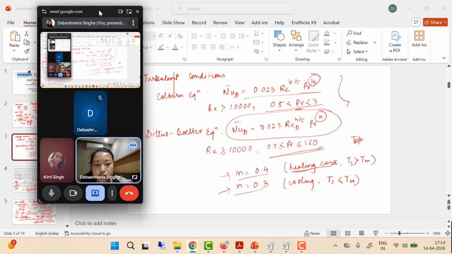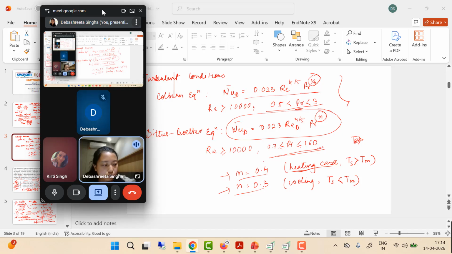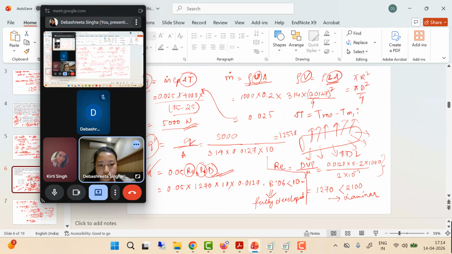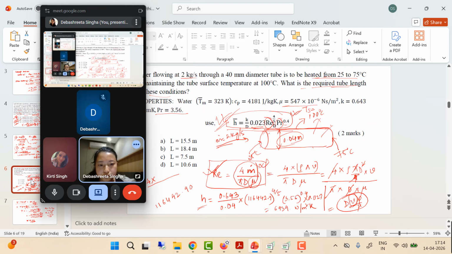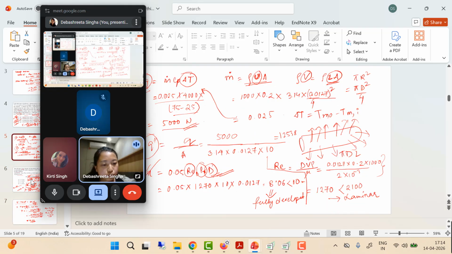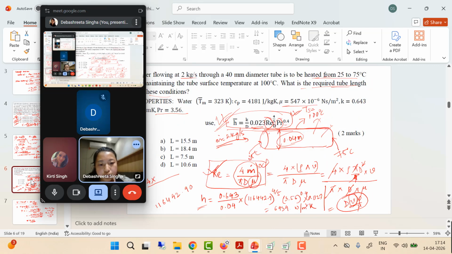This is very much used, so please go through it. It's a very common equation. Once you calculate the Nusselt number, for which various correlations are given, you can calculate the heat transfer coefficient from that.